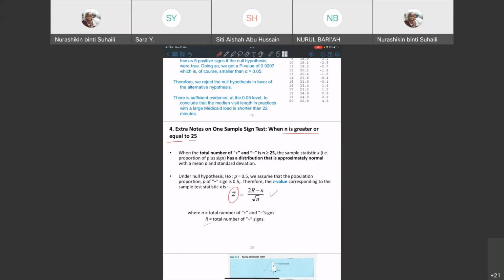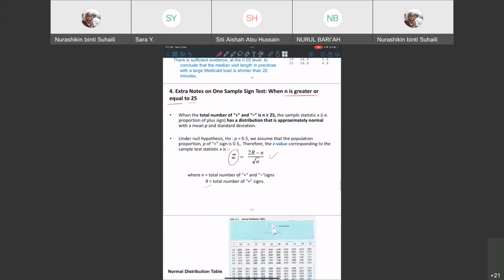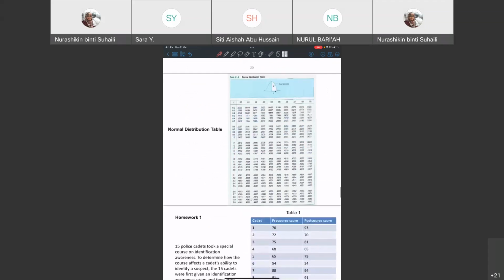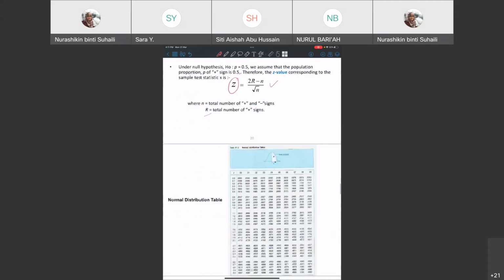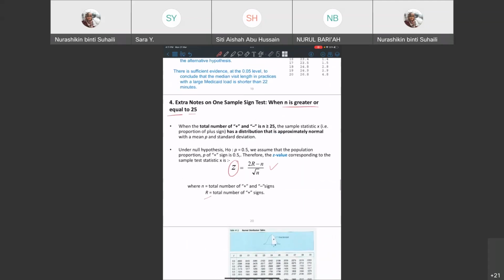Okay, so once you got the z value, what you have to do is find what is the area that corresponds to that Z value?